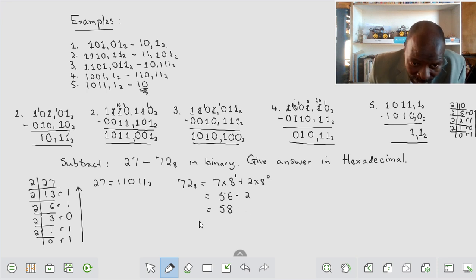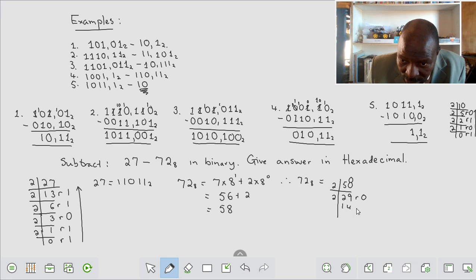Now say, what is then 58 minus, in binary, I'll say, what is 58 in binary? Therefore 72 base 8 is actually 58, so we have to check 58, not 50. 2 there is going to be giving us 29, remainder 0. 2 there is going to be giving us 14, remainder 1. 2 there is going to be giving us 7, remainder 0. 2 there, my spirit is low now because I didn't pay attention.